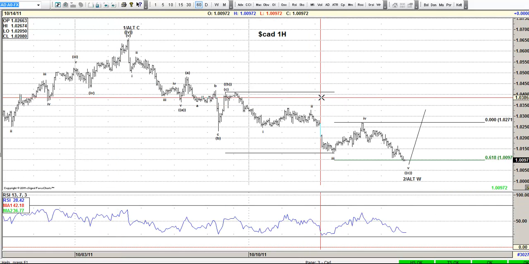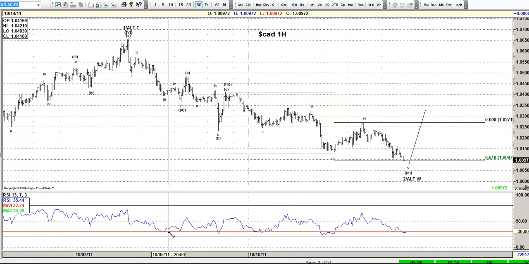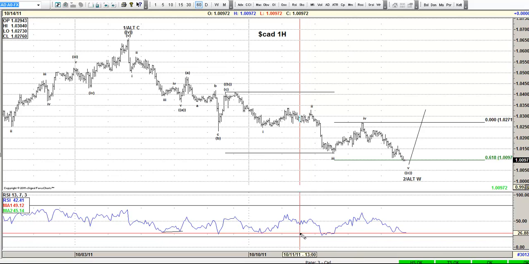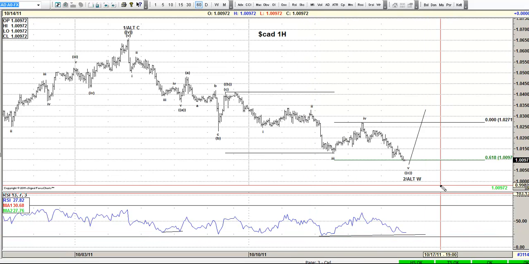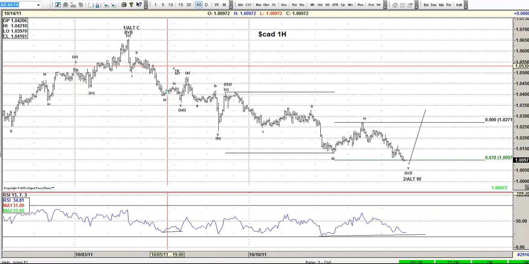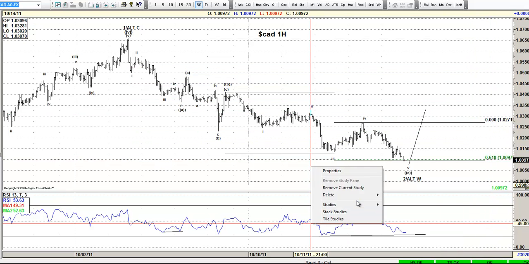You can see the divergence on the RSI right here, and most important, you can see a double divergence here and then another divergence here. So a recovery in the dollar CAD to at least 1.04 area looks to be on the books.